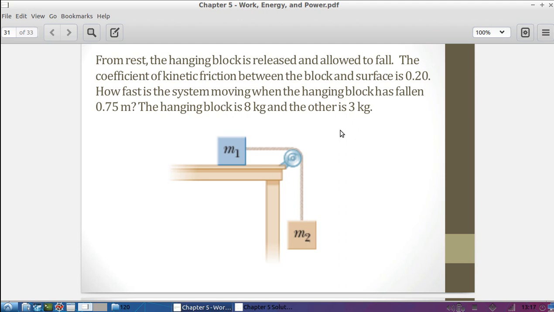I'm dealing with energy, so I don't necessarily have to worry about the directions of these objects. The problem says: how fast is the system moving when the hanging block has fallen 0.75 meters? The hanging block is 8 kilograms and the other is 3 kilograms.